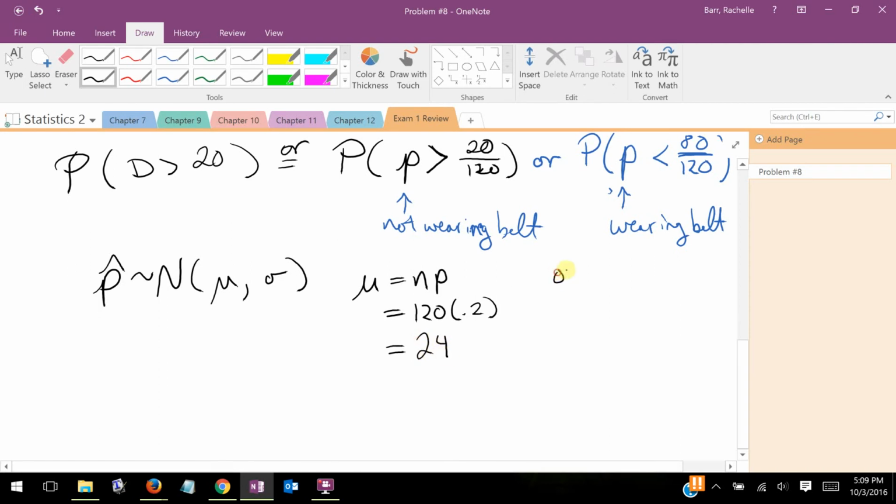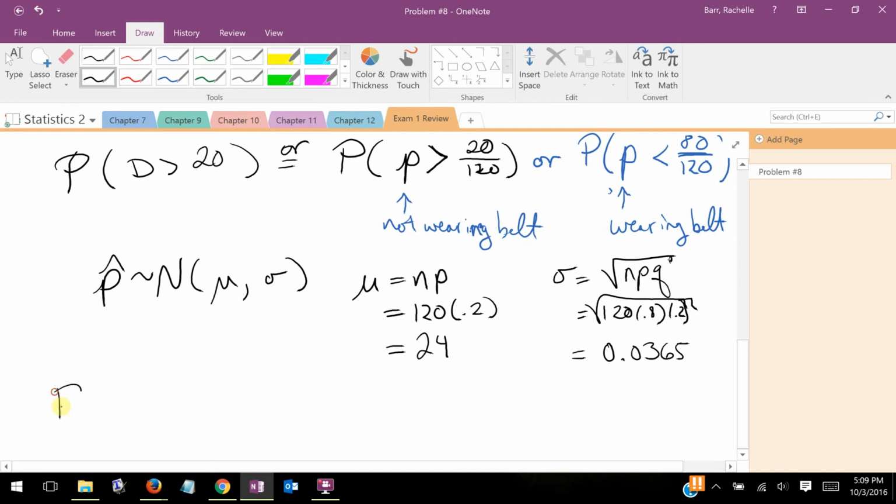The standard deviation is the square root of n times p times q, so that would be 120 times 0.8 times 0.2. I calculated that ahead of time, and it's 0.0365.